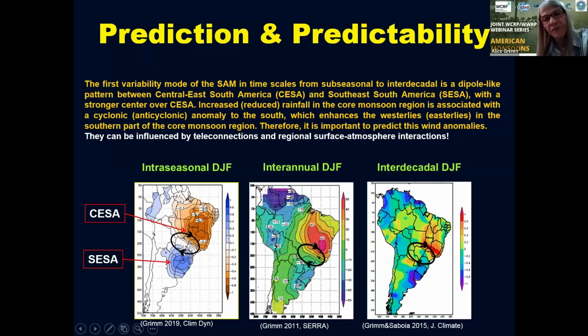When we have a regional cyclonic circulation here, there will be more rainfall in the northern part of the dipole. And when it is anticyclonic, we will have more rainfall in the southern part of the dipole.